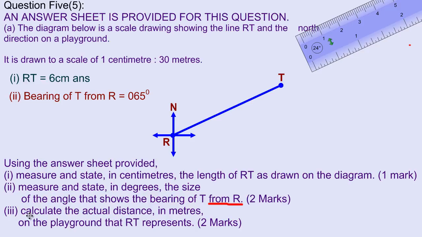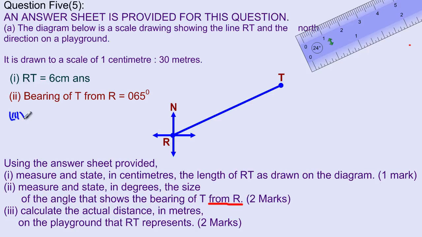So part 3, they are asking us now to calculate the actual distance in meters on the playground that RT represents, and that's another easy 2 marks. Let me show you how you work this out quickly. Let me make a note for part 3.